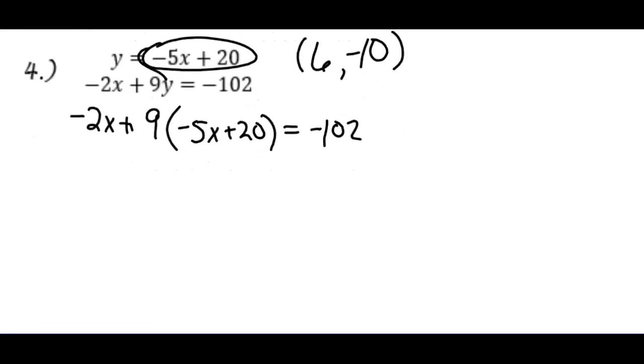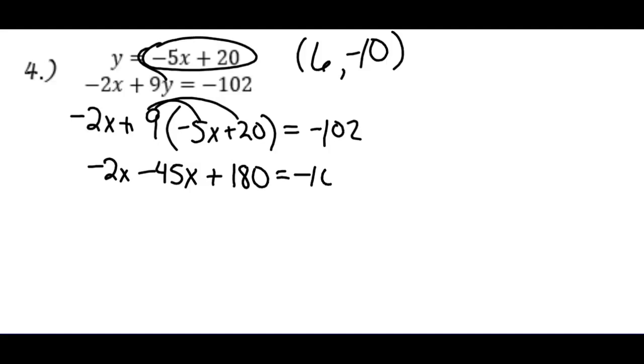So now I want to multiply. So I should have got my negative 2x. This is going to give me negative 45x. That's going to give me 180. Negative 102. What am I going to do next? It is negative 47. Yep. Combine your x's.